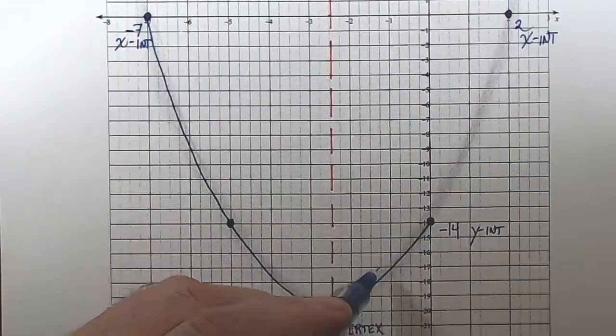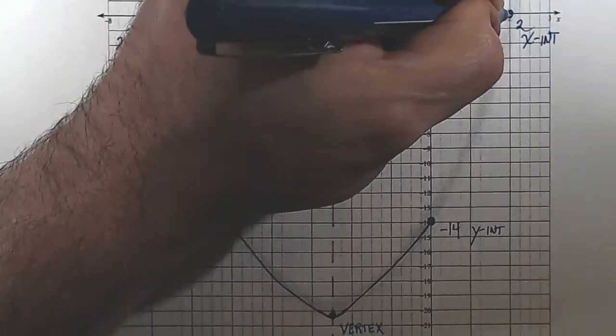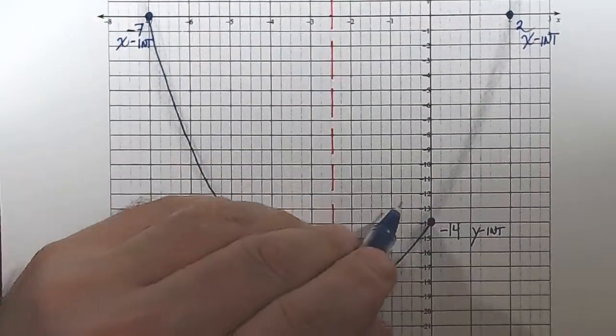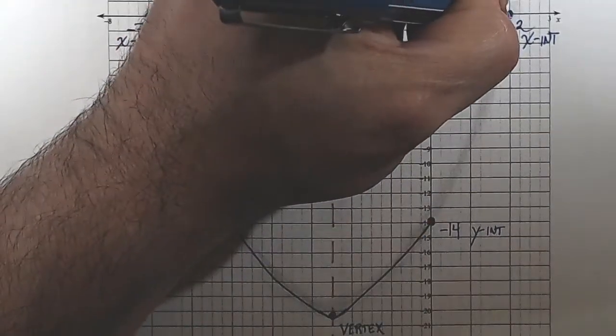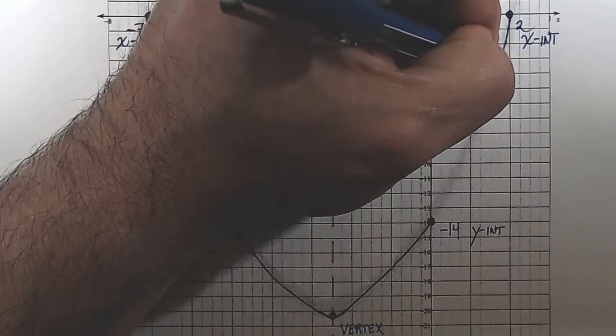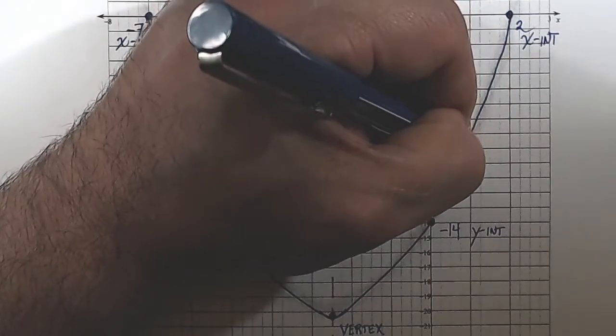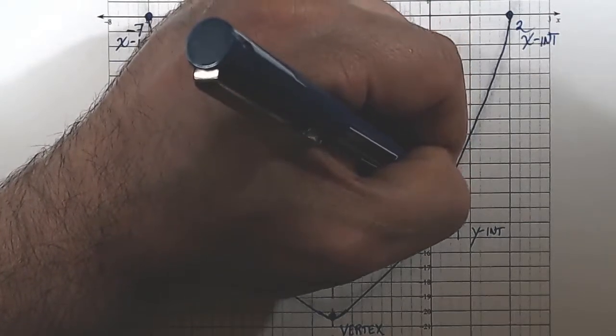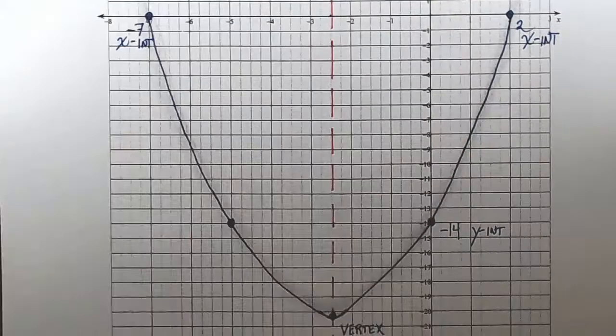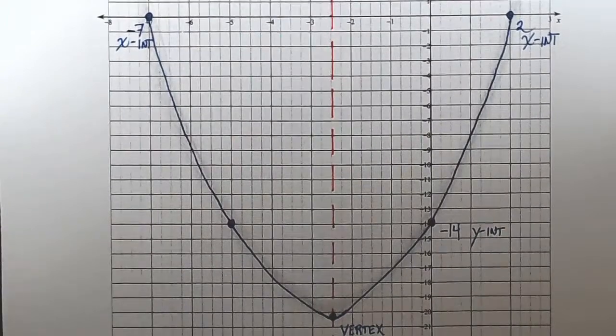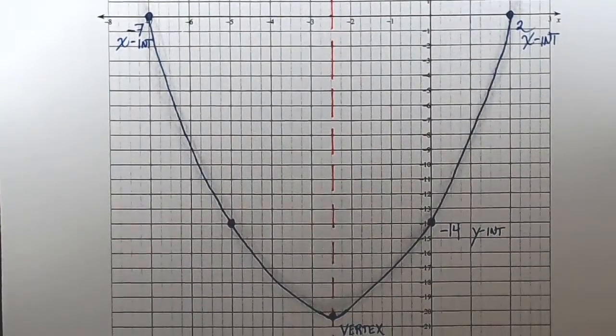I made mine a little bit too straight right there. And then we'll go from this dot down to this dot here. Just take your time, take your time. There is absolutely no rush on this because you want to make it look nice so you have pride in your work. Okay, that's good enough.